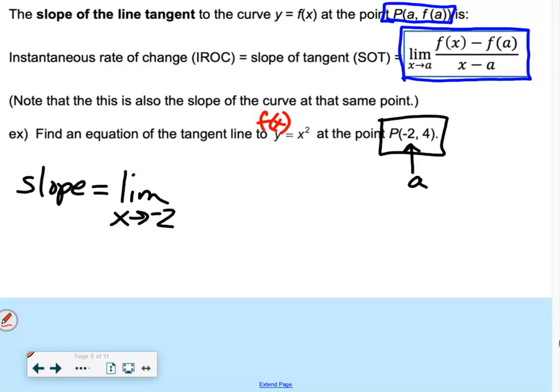So when you see y equals x squared, you can think of it as f of x equals x squared. Next, you want f of -2. Well, f of -2 is -2 squared, or 4. I'm going to write -2 squared, but you can write 4, over x minus -2.